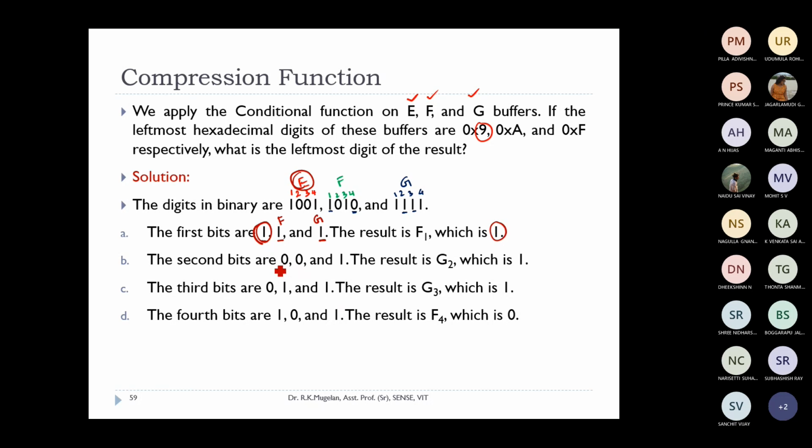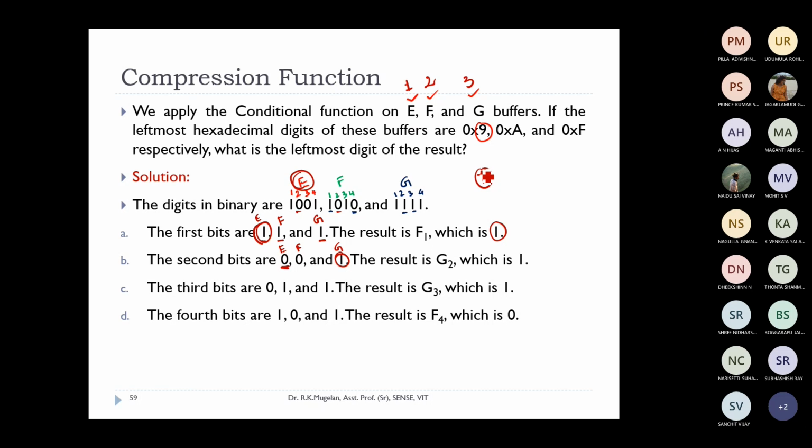If I'm taking all the second bits, 0, 0, and 1, this is the value of E, this is the value of F, and this is the value of G. Whenever the value of E goes to 0, go with the output of the third. Simply speaking, this is the first input, second input, and third input.